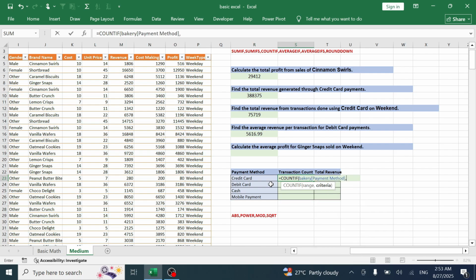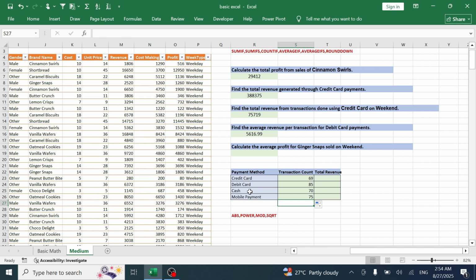The criteria we can directly give this cell. So total transactions done by credit card is 69. We can autofill by double click here. So here you can see total transactions done by debit card is 85.